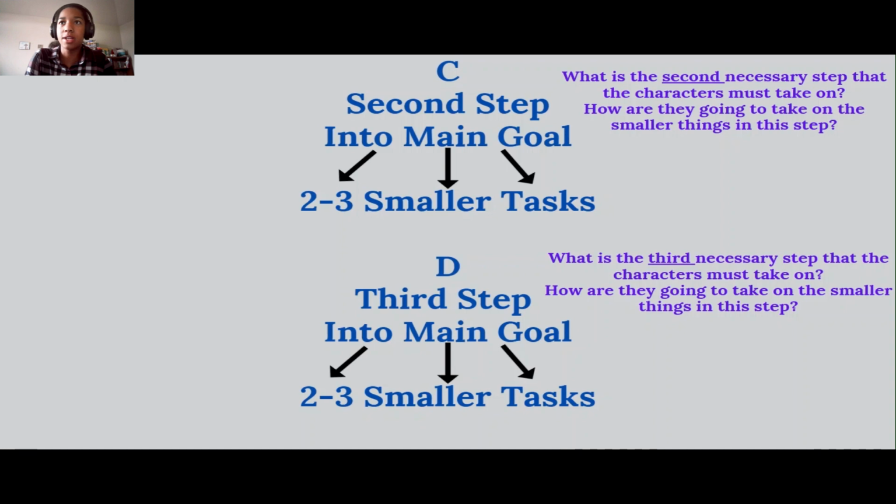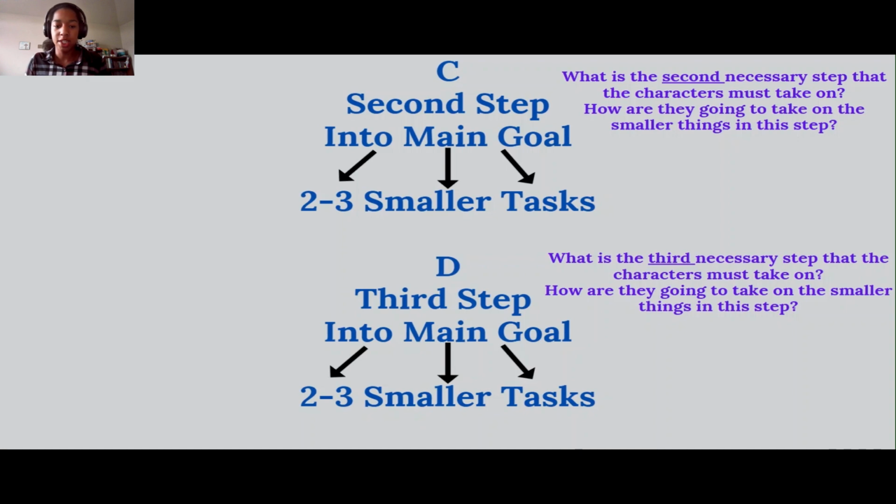And also, this doesn't have to be the very next step. It could be your third or fourth step, in the middle of the story. So whatever is in the middle of the story, right there, what steps are they going to take to progress?